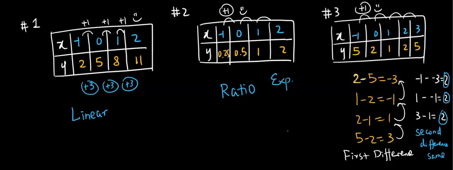If you don't have the same difference, don't worry, you subtract again. Successive first differences, subtract again. You get the same second difference. Now, this is quadratic. We're going to write down, this is quadratic.